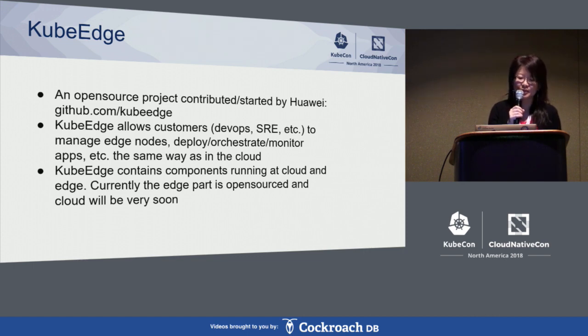The main idea of this project is that we plan to address three main problems. First of all is network reliability. As I mentioned earlier, the network between the edge node and cloud is unreliable, and the bandwidth is limited.